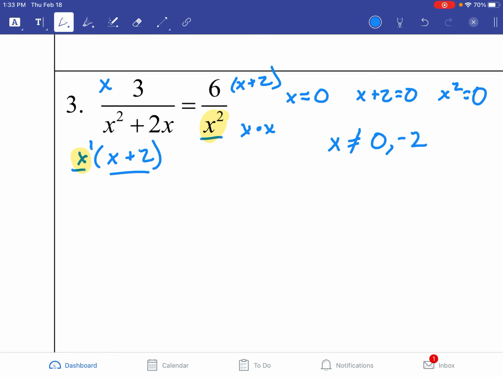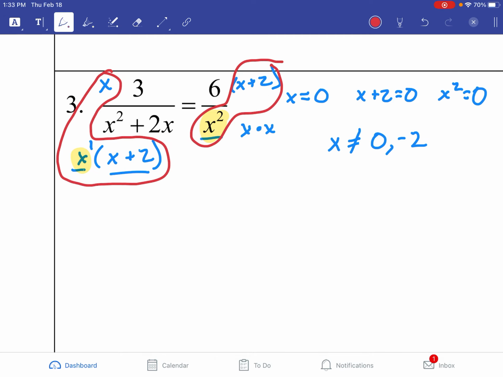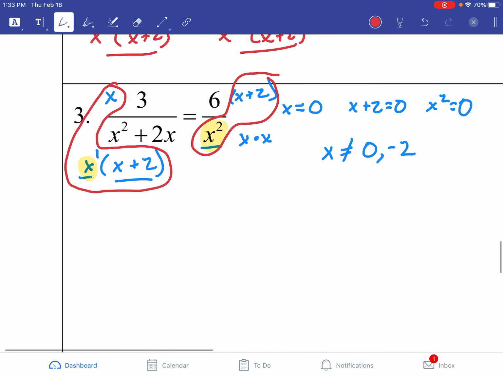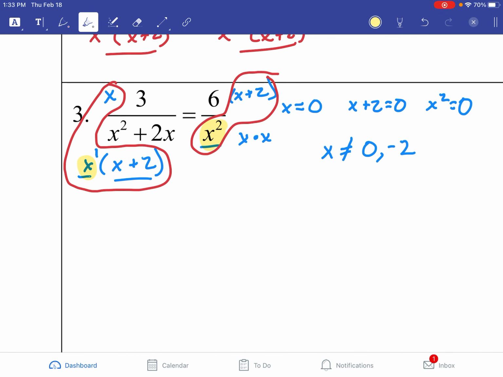If you think about what we're doing here, if we multiplied all of these things together here, and these things together here, you would have x times x, which is x squared, times x plus 2. Here you'd have x squared times x plus 2. They are now the same, and that's what we're looking to do. All right, let's get back to the problem at hand.